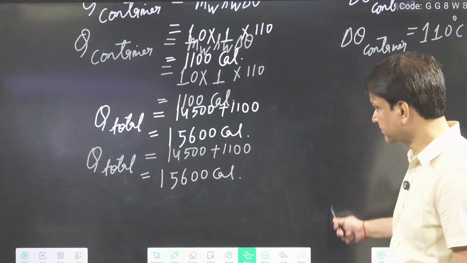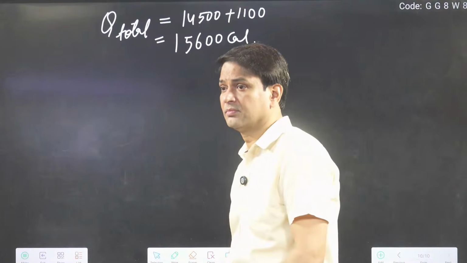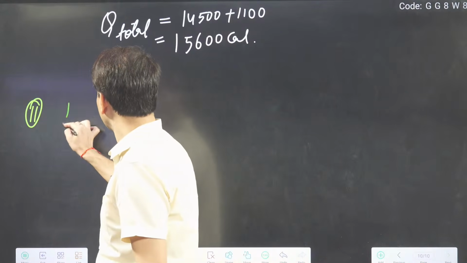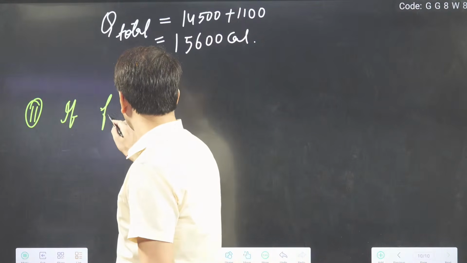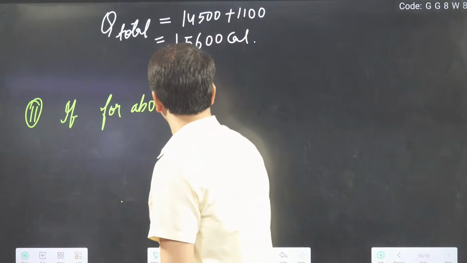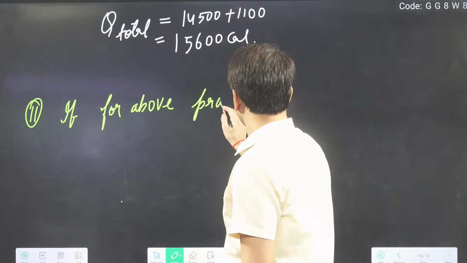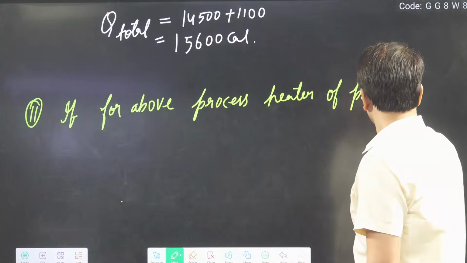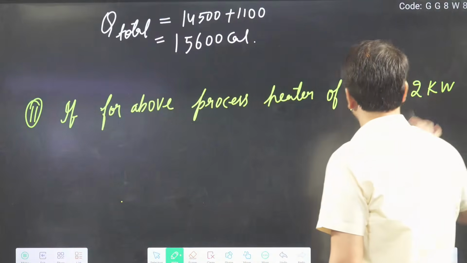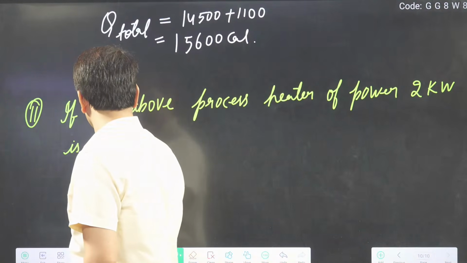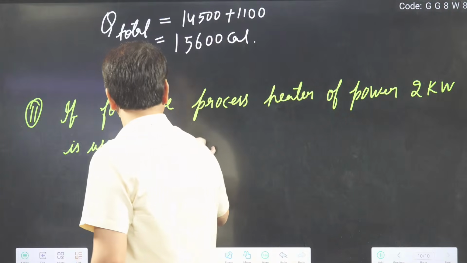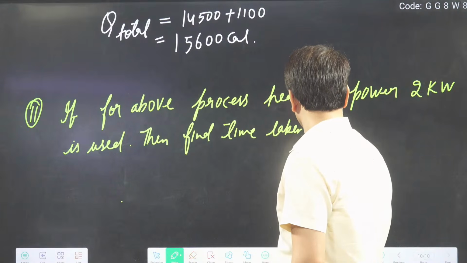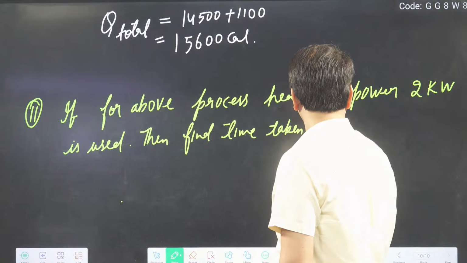Up to this, okay. In the same problem, one more thing I'm adding. If for the above process a heater of power 2 kilowatt is used, then find the time taken in the process.